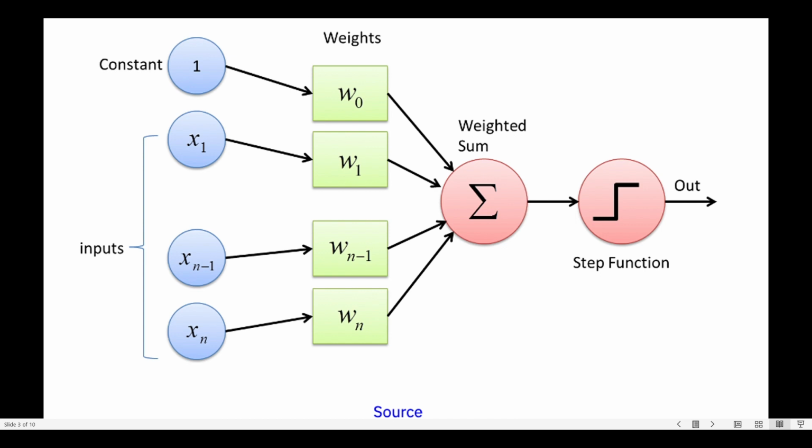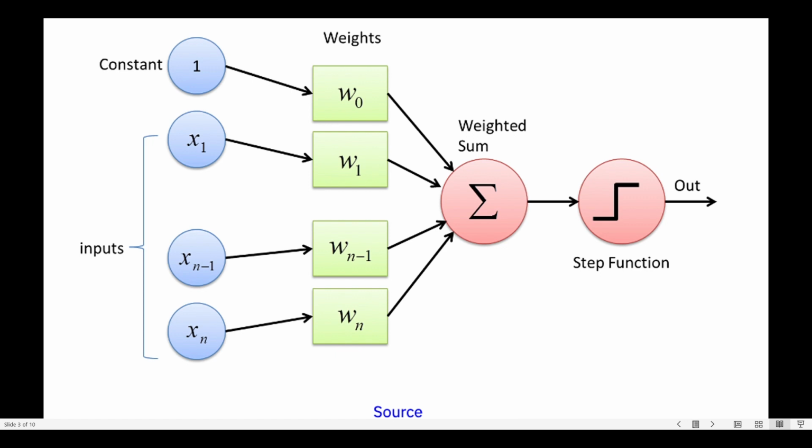We have four activation functions. The first one is sigmoid. The sigmoid activation function is 1 / (1 + e^(-z)), and tanh is (e^z - e^(-z)) / (e^z + e^(-z)). ReLU and leaky ReLU are the other activation functions.